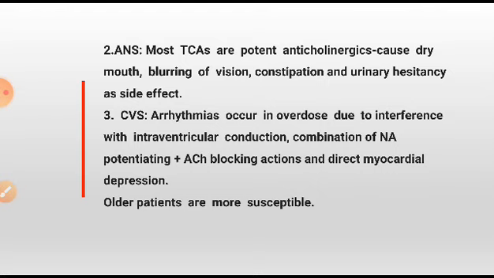Tachycardia has also been observed due to the anticholinergic and noradrenaline potentiating action. In overdose, it becomes very serious. Older patients are more susceptible. Postural hypotension due to inhibition of cardiovascular reflexes and alpha 1 blockade has also been observed.